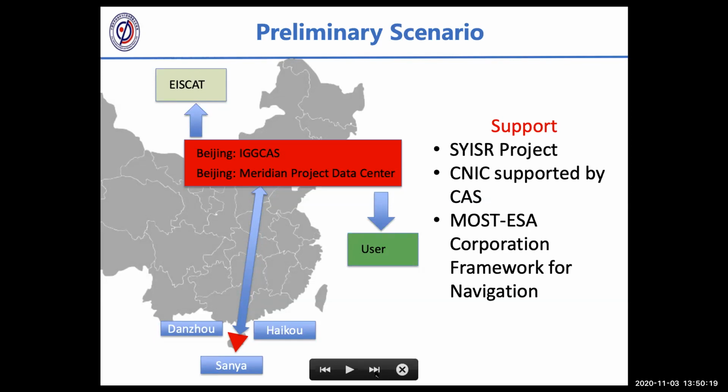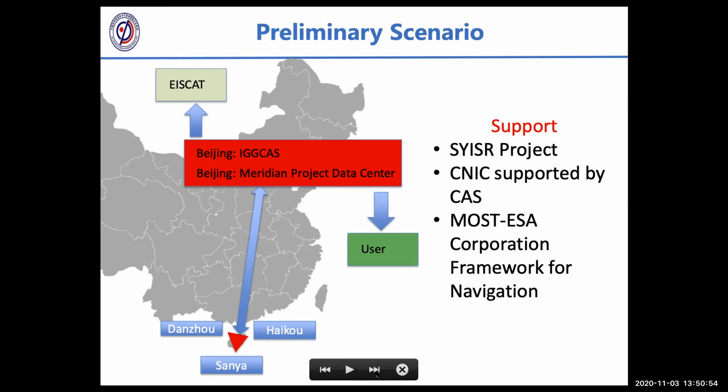Then we need to exchange data between our data center and the ISCAT, and also we need to open the data to the user, to the community. Actually, we already have some funding support to implement this scenario. For example, our project itself has some funding support, and in cooperation with Jianhui we get some funding from the Chinese Academy of Sciences.